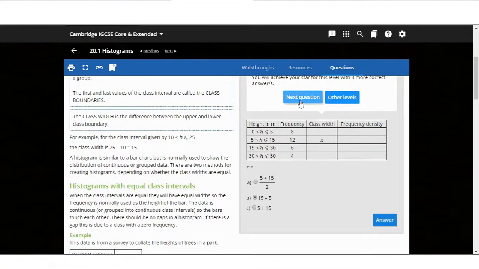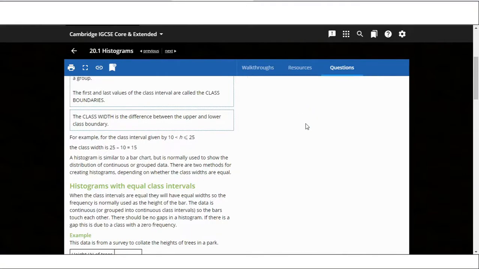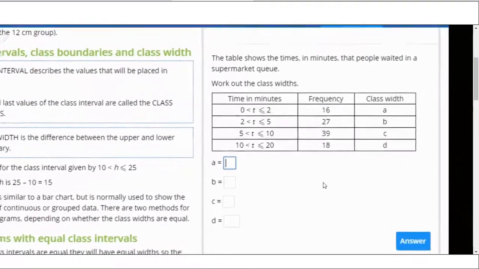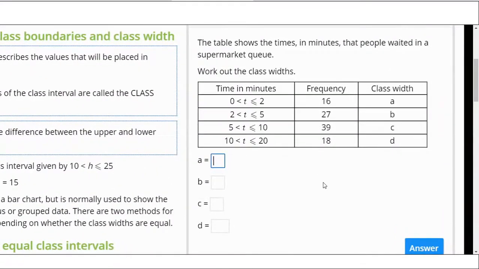All right, next questions. I make it bigger. So the table showed the time in minutes that people waited in a supermarket queue. Work out the class width. So you need to find the class width of each class.